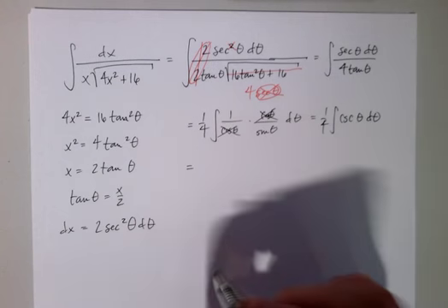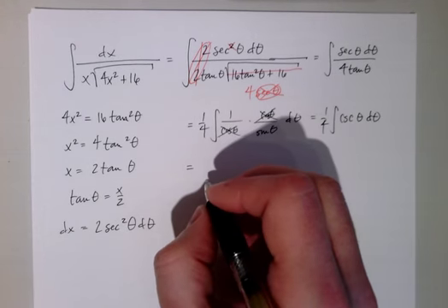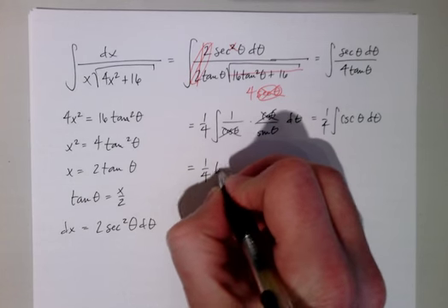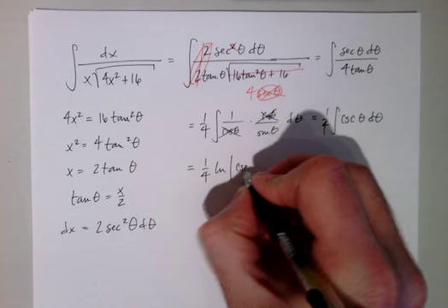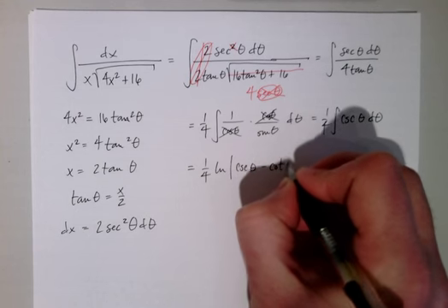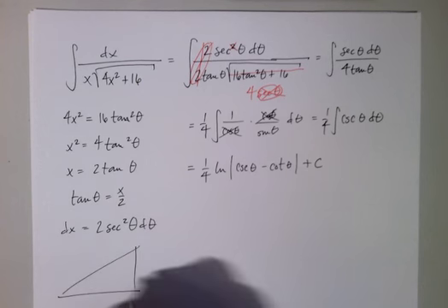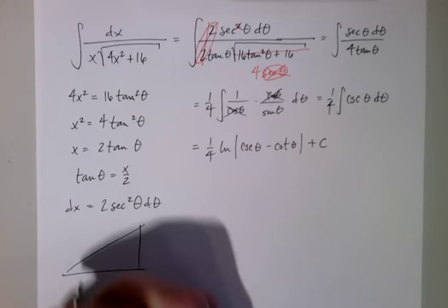Well, that's a very similar integral by identity. I've already shown you that one before. And you get natural log of cosecant theta minus cotangent theta plus c. So the only thing that's left to do, draw my triangle, get my cosecant and my cotangent.